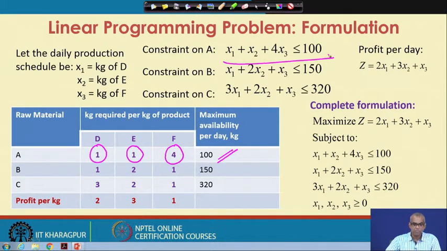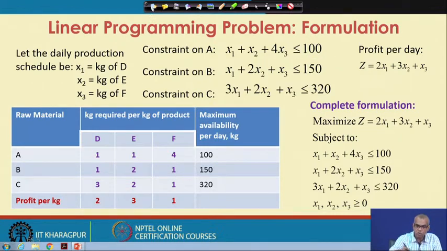Similarly, we get constraints on B, which will be x 1 plus 2 x 2 plus x 3 is less or equal to 150.